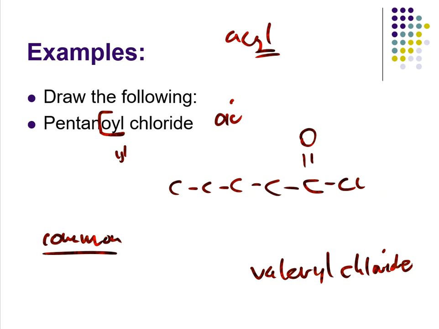We used oic acid, and then in the common name, we simply used the IC ending with the word acid that follows. So pentanoic acid would be a 5-carbon chain like you see on the screen with an OH at the end. And then valeric acid would be the 5-carbon chain with the OH at the end.